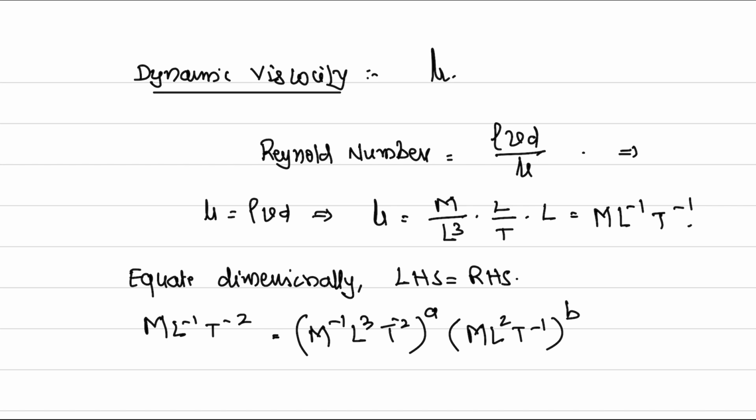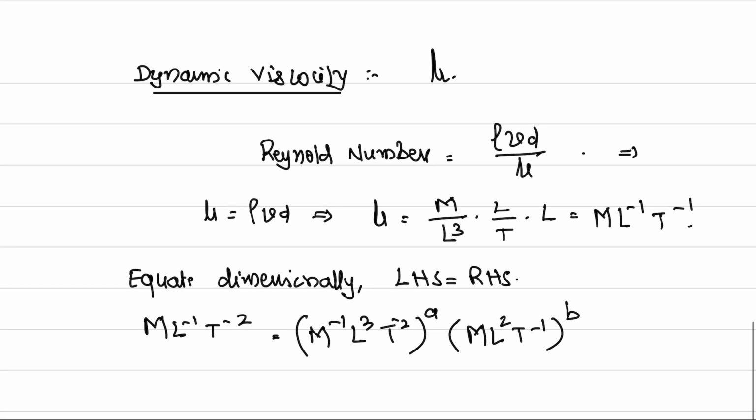Next is dynamic viscosity mu, which is M into L to the power of minus 1 T to the power of minus 1, all to the power of c.